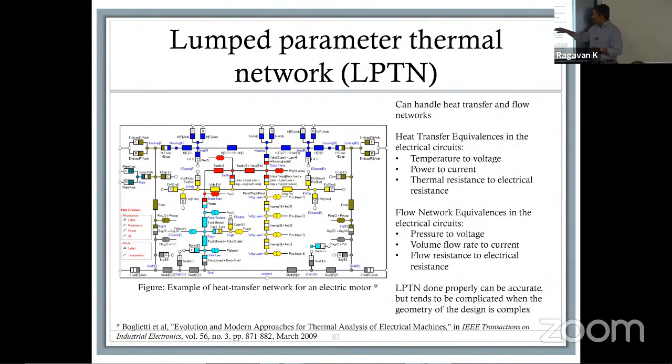Your flow network that you have in the electrical circuit is going to be a function of converting pressure to voltage, volume flow rate to current, and flow resistance to electrical resistance. If we look back at what we talked about a little while back, I told you that every system is trying to find its electrical equivalent, right? We're trying to convert mechanical energy into electrical, thermal energy into electrical, magnetic into electrical.